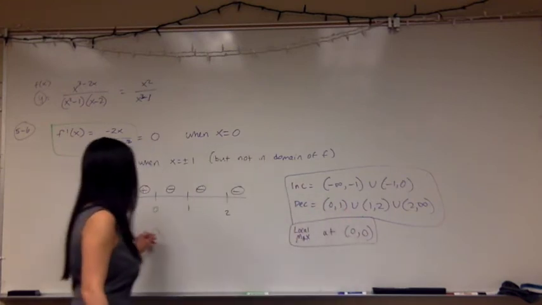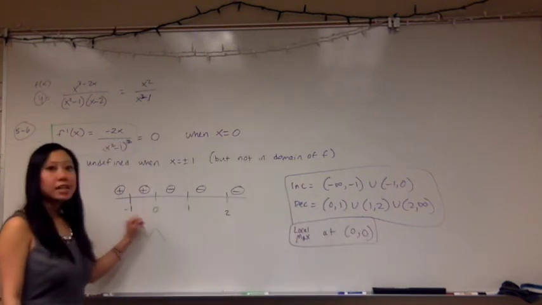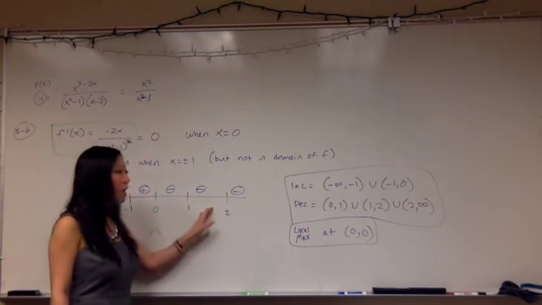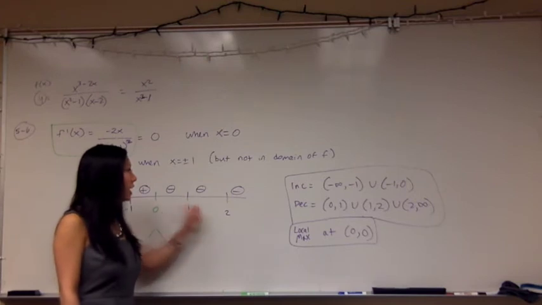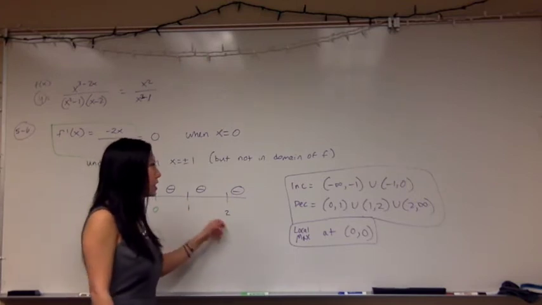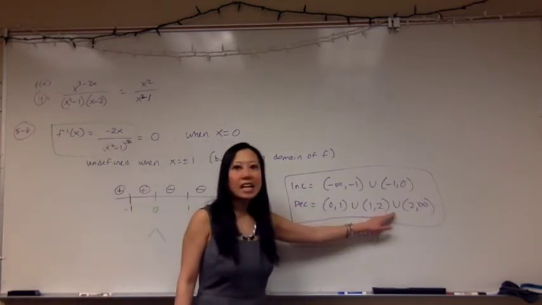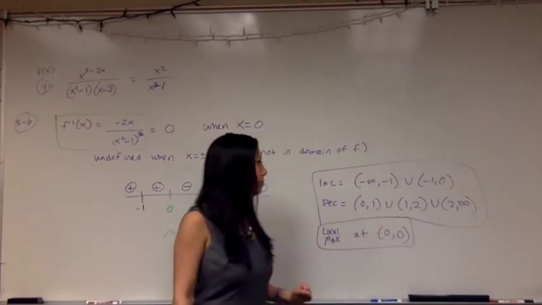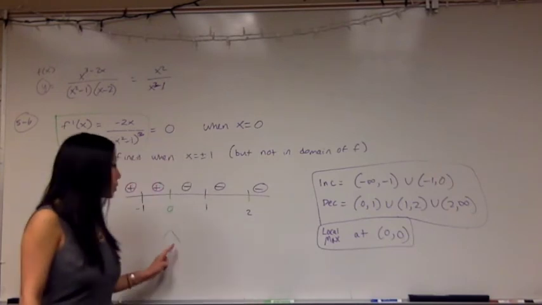So I have negative infinity to negative 1, union negative 1 to 0 as my intervals of increasing, and then my intervals of decreasing happen where the derivative is negative, again keeping the open intervals and keeping these intervals separate, because I can't have a function be decreasing where the function doesn't even exist. And then my local max was at x equals 0.